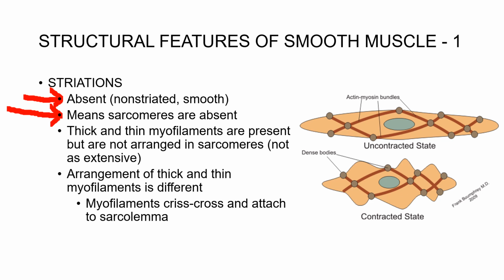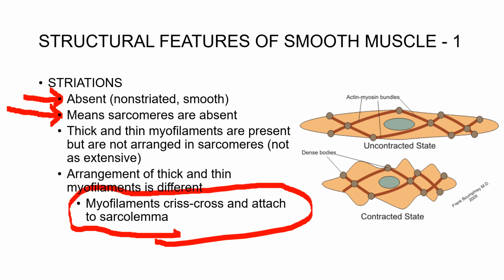Smooth muscle still has thick and thin myofilaments. It still has actin and myosin, no big deal. But what happens is they're connected to the sarcolemma in this kind of crisscross looking fashion. And as you can see in the picture on the right, how this works is the muscle, when it contracts, it doesn't exactly get shorter from a Z-disc perspective, like a left to right.